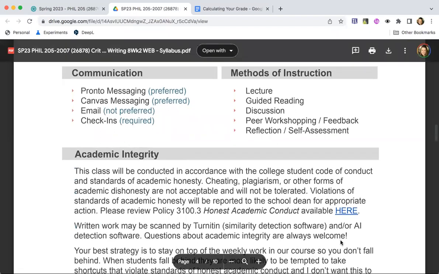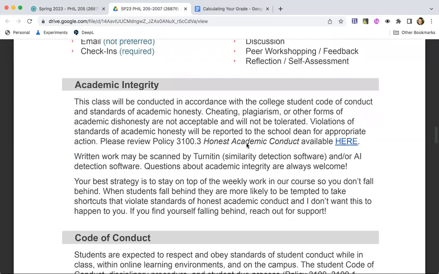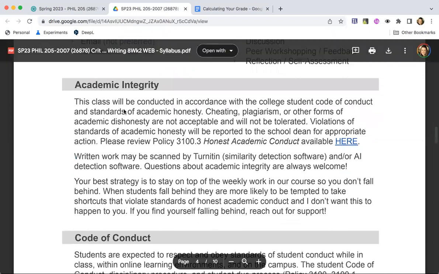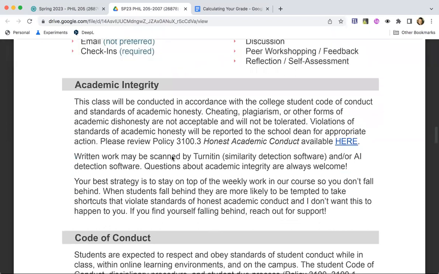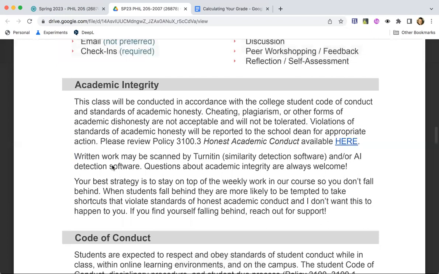Okay, communication methods, methods of instruction, all important. Academic integrity, obviously super important, but I'm skimming. All I have to say about this right now is it's important, and if you have questions, ask. And there are going to be questions. We will be talking about the academic integrity standards for writing throughout the course, because so many of the extremely powerful tools available to us as writers also may present academic integrity challenges.